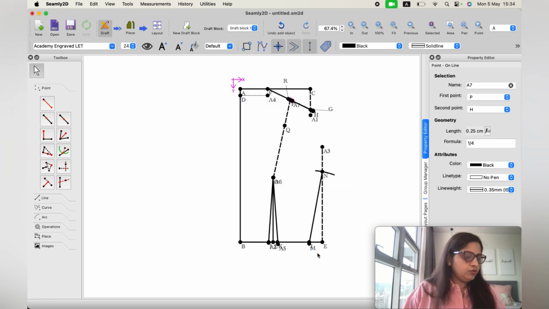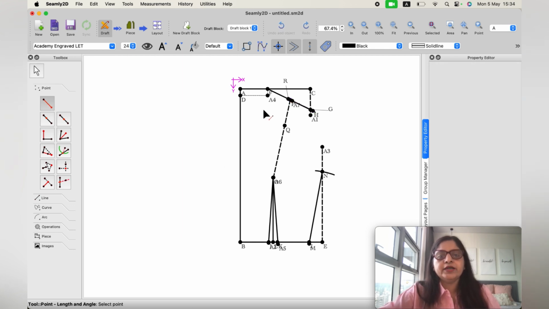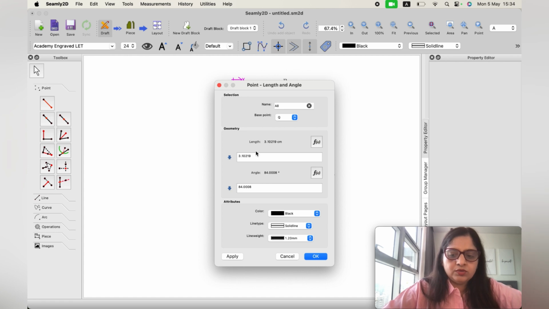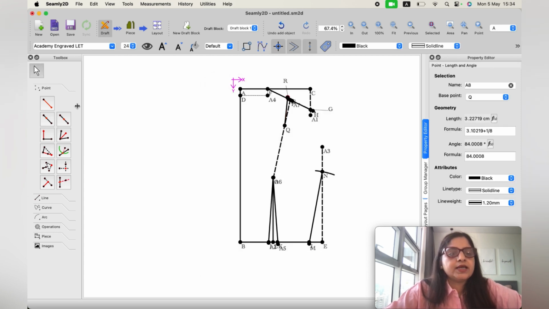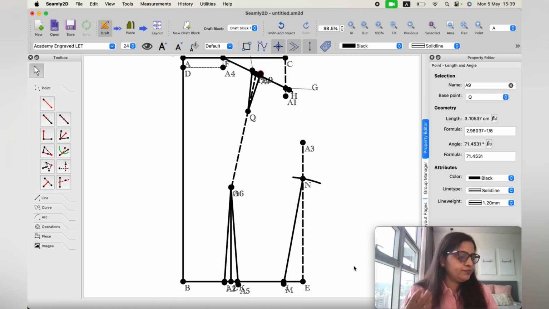Okay, now draw a dart leg from Q 1/8 inch past Q. Again the same thing I'll do. We'll take a point from this point Q to this point R, whatever the length is, we'll add 1/8 of an inch. This is for our dart. The same for the other side also. So I'll do the other dart leg also. So yeah, this is ready.